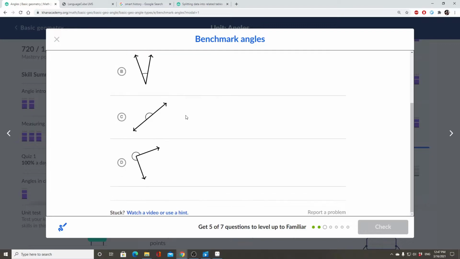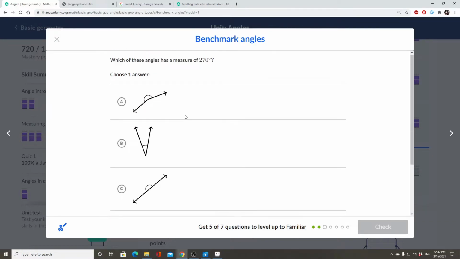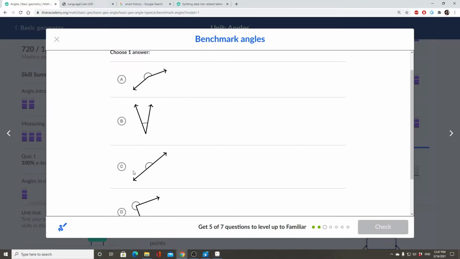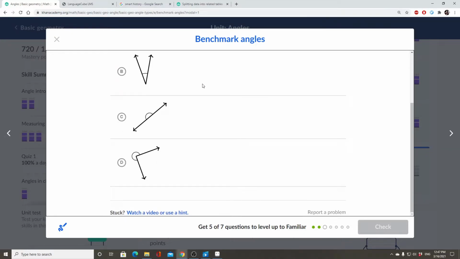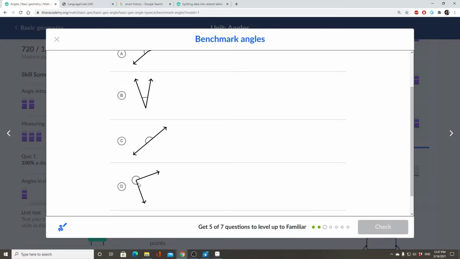Which of these angles has a measure of 270 degrees? Well, let's see. 180 is a straight line, so we can use that to guess. This looks pretty close to 180, so this is probably not 270, remembering that a full circle is 360 degrees. Look at this.